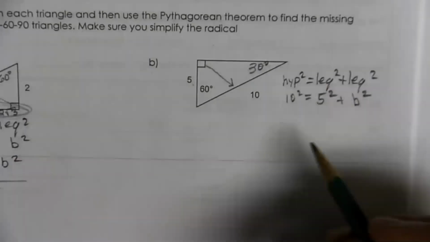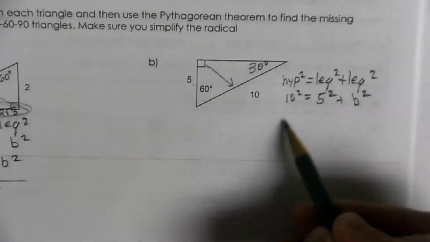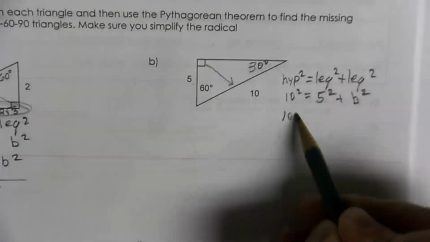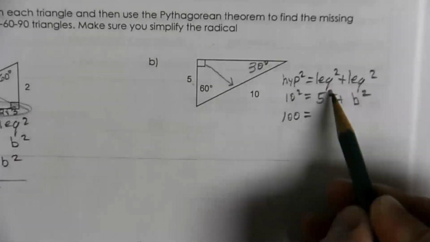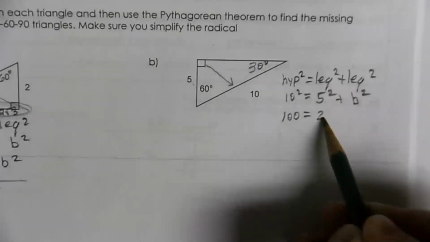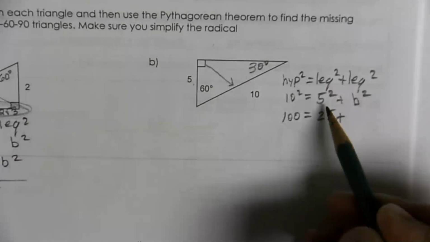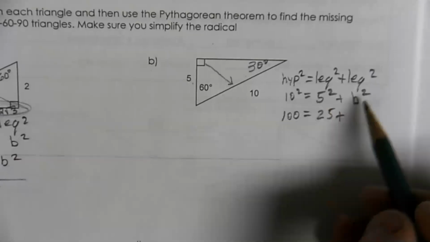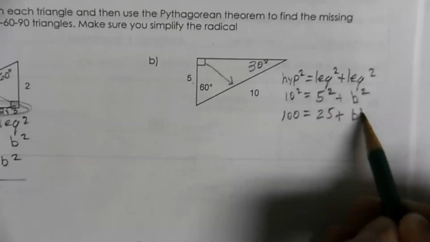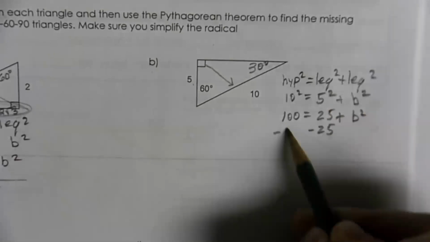So then we do our math. 10 times 10 is 100. 5 times 5 is 25. Be careful not to call that 10. It's not 5 times 2, it's 5 times 5. So we subtract the 25.